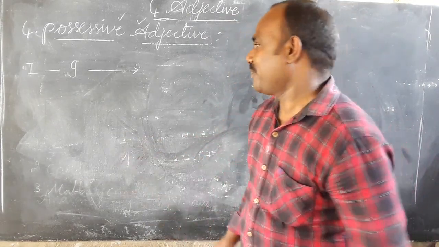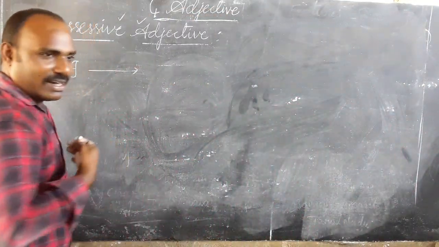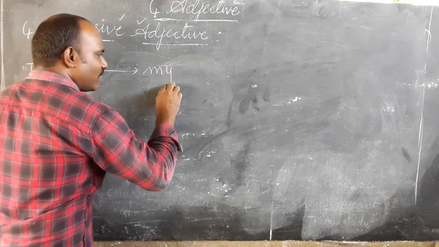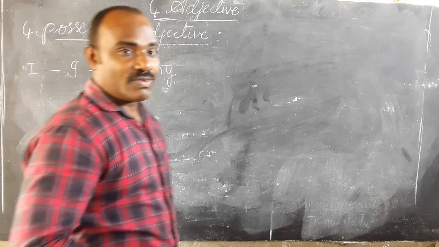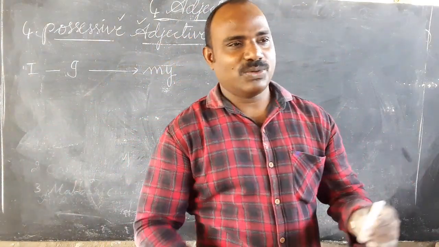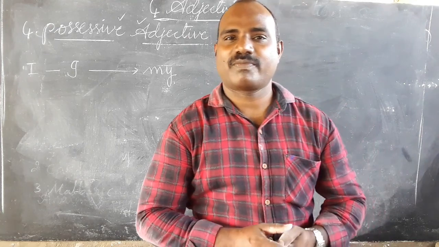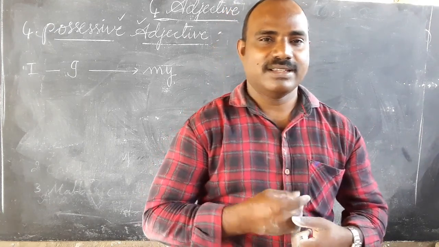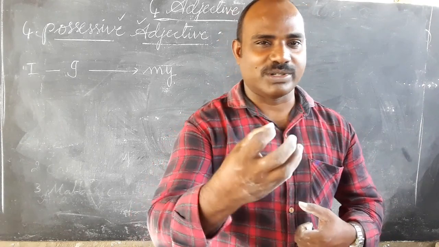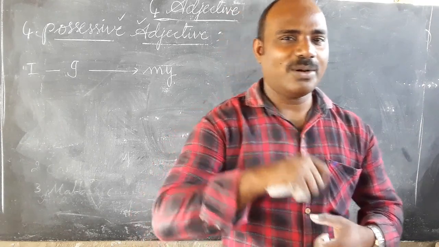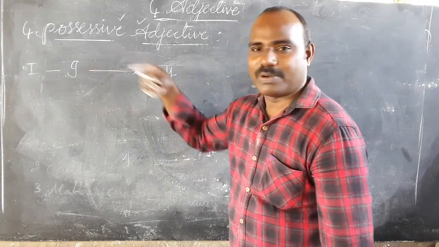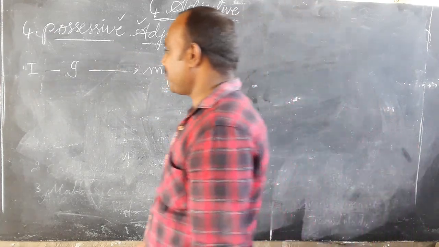First person singular I. See, look at this word, mine. M-Y, my. For example, somebody asked, whose book is this? It is my book. My. That is called possess or possession or having. So here, my can be a possessive adjective of first person singular.